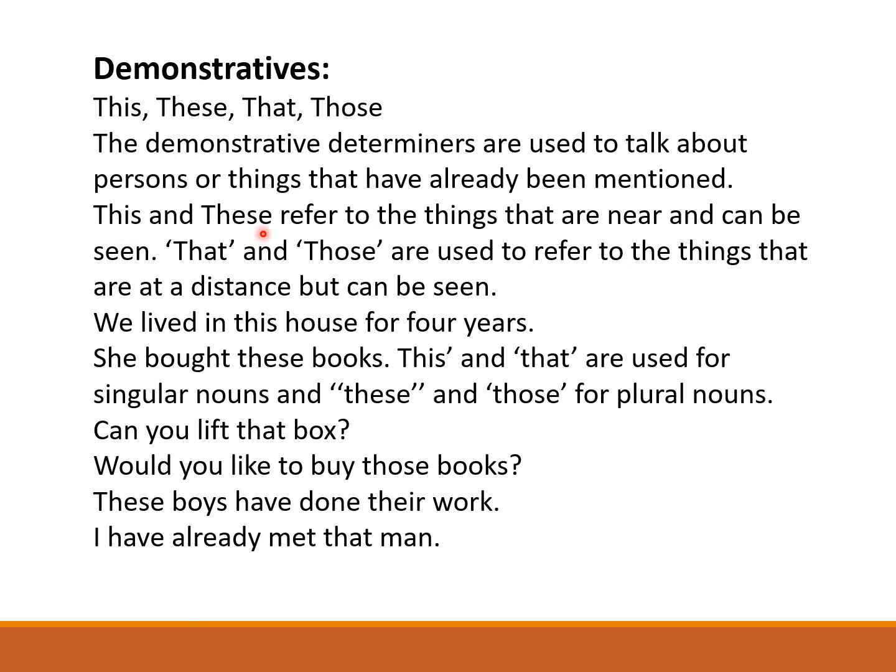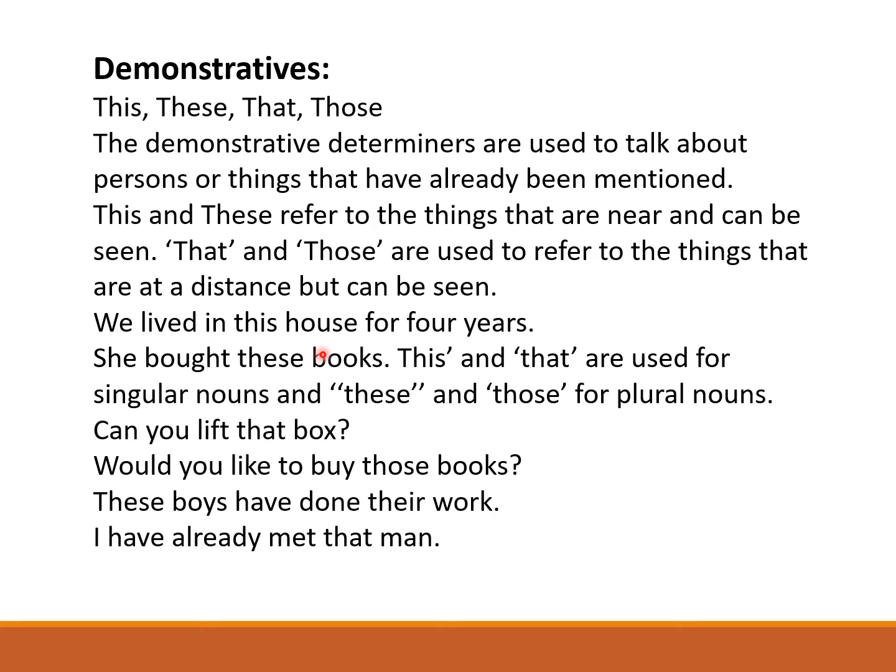This and these refer to things that are near, and this is used for singular and these is used for plurals. That and those are used to refer to things that are at a distance. They are at a distance but can be seen with our eyes.